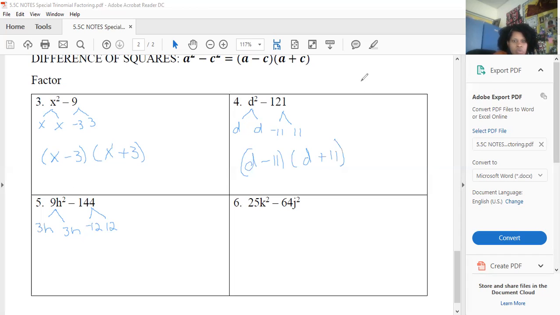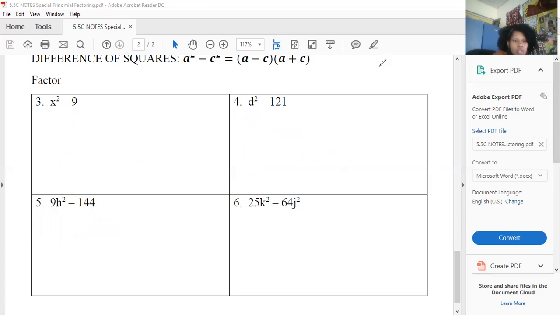And actually, I forgot to factor out the GCF. What do 9 and 144 have in common? They're both divisible by 3. So before we do that, we have to take out the GCF. I'm sorry, so this is 3 on the outside... actually not 3, 3 is not the common factor.